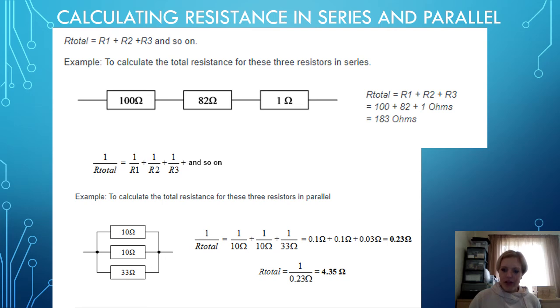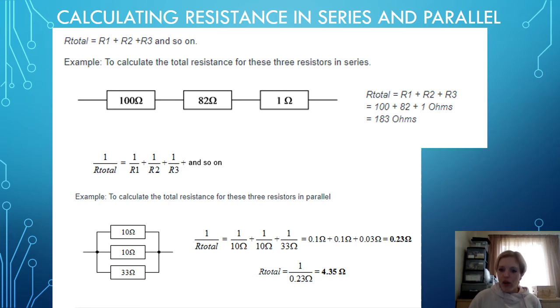Now, it's a little bit different if you're looking at parallel. I want you to look at the bottom of the slide. You can see we have 3 resistors in parallel. Now, these could be light bulbs or resistors. Please bear that in mind. Resistor 1 is 10 ohms, resistor 2 is another 10 ohms, and resistor 3 is 33 ohms. Now, if I'm working this out, I'm going to go 1 over RP is equal to 1 over 10 plus 1 over 10 plus 1 over 33.